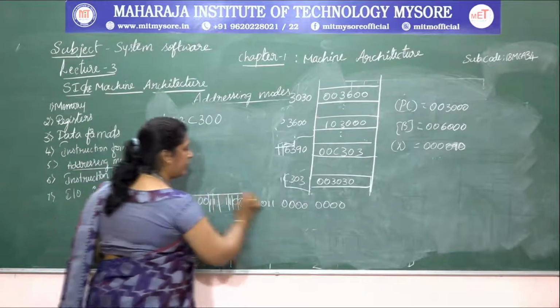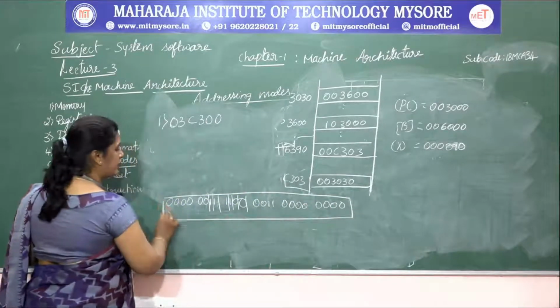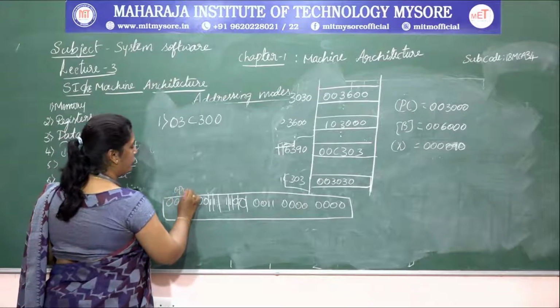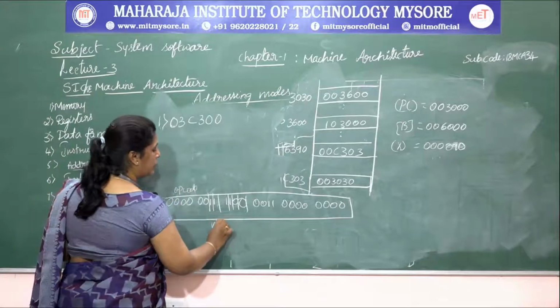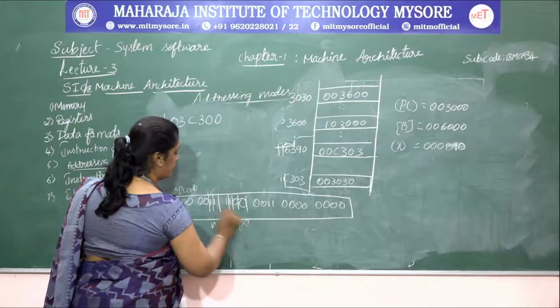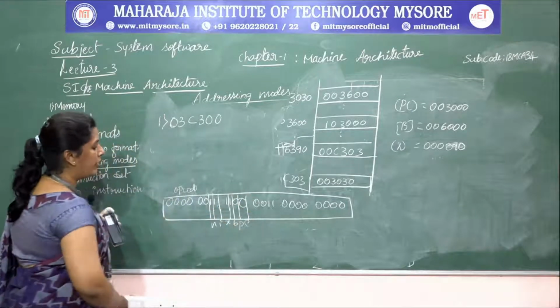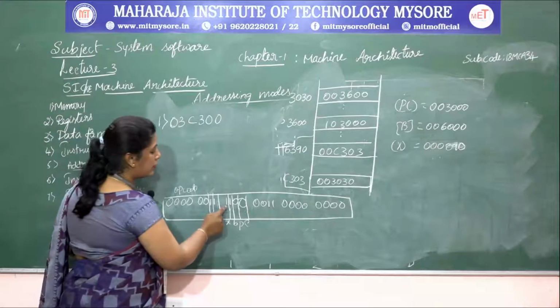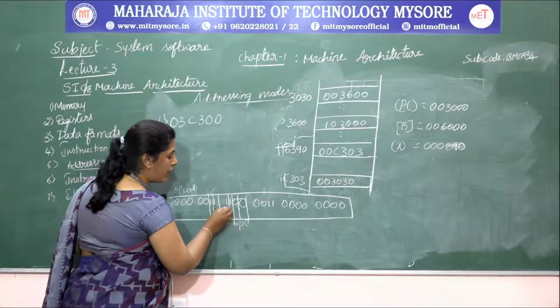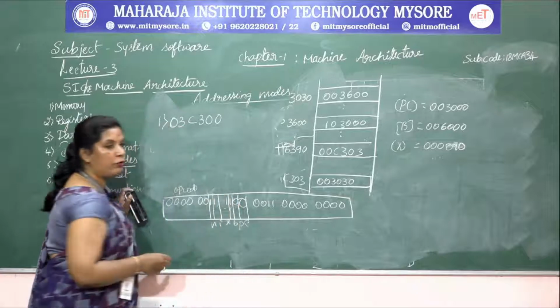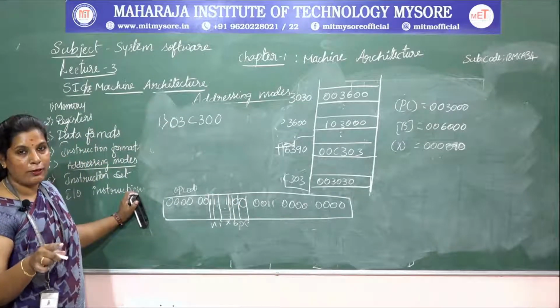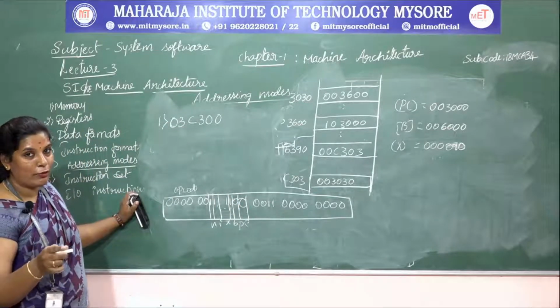We separate those bits along with the displacement value; this is the opcode. The N and I bits are 1. Look at this: the index register bit is 1 and the base relative bit is 1.